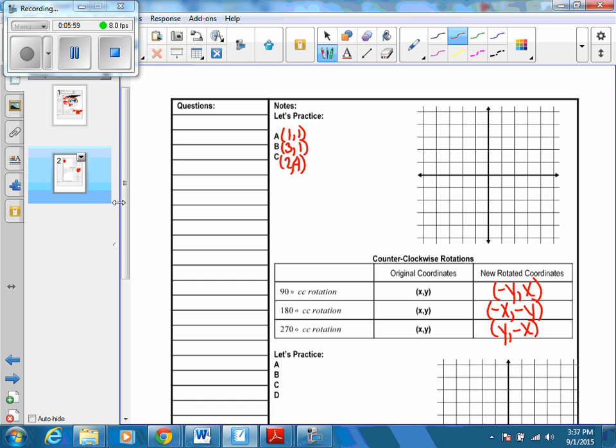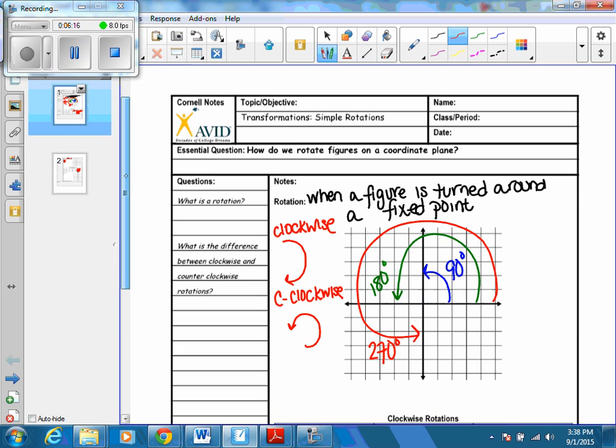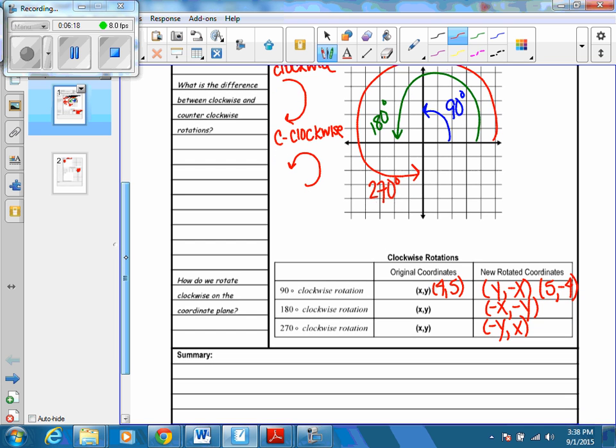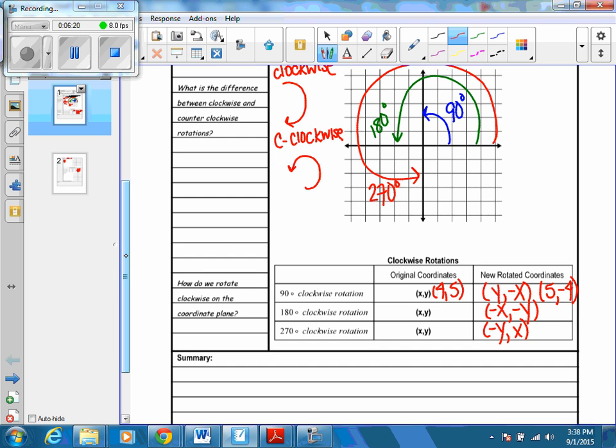I want to figure out what a clockwise rotation is for 90 degrees. If I look back up at page 1, it tells me that all I'm going to do is y, negative x.